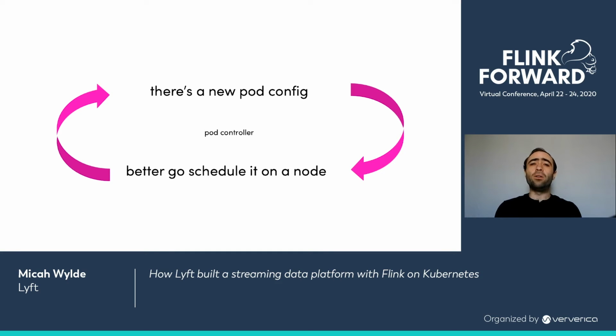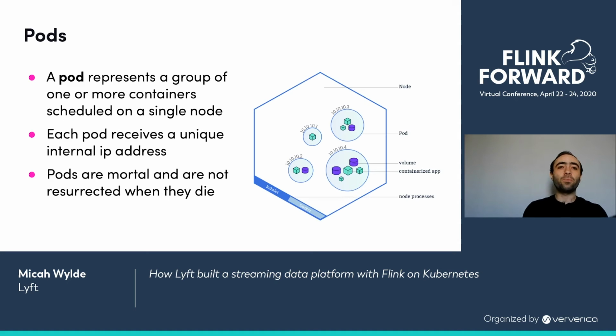And then in the background, the pod controller, pods are the Kubernetes equivalent of EC2 instances, notices that there's a new pod configuration, and it goes and creates a node, schedules it, does whatever it needs to bring the cluster up to date with the configuration we've created.